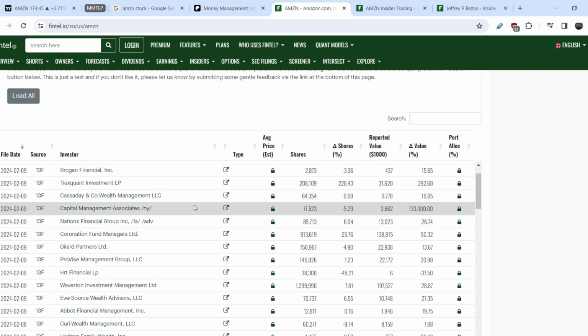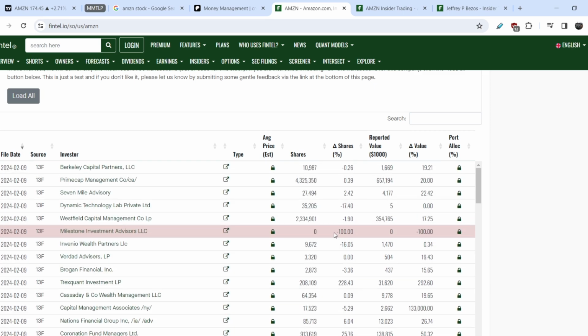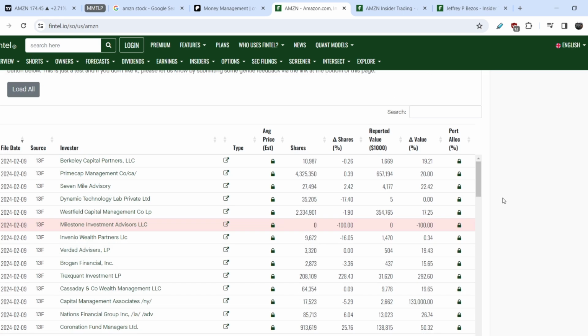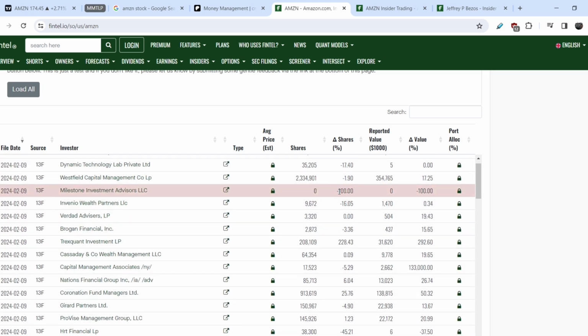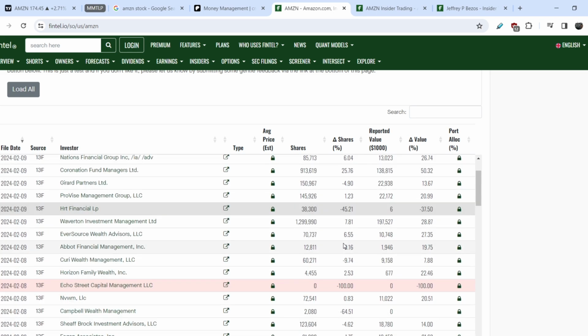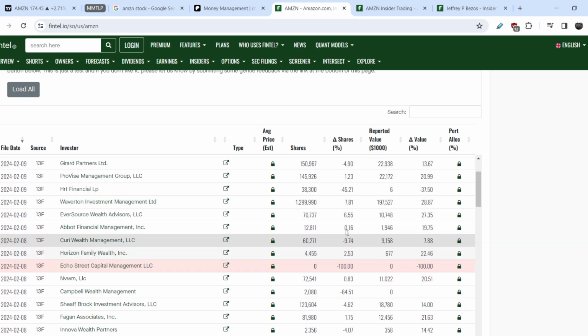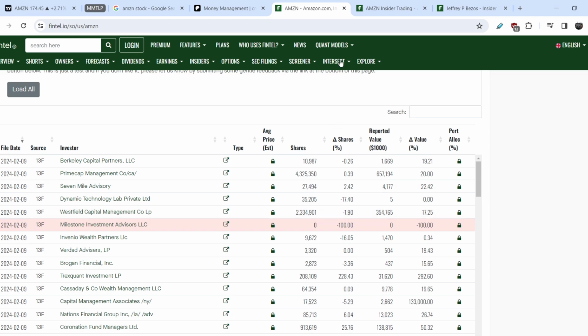In general, if you take a look at the list of institutional investors, we don't have any major sales or buys of this asset. Just one company closed its position in Amazon, but other companies have some rebalancing in their positions, not so significant.